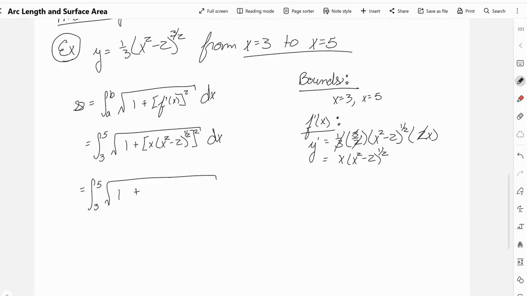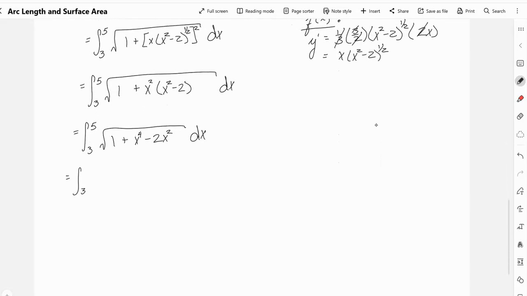If I square a product, that's the same thing as squaring each piece. And when I square that square root, I'm going to be left with just that radicand, x squared minus 2. So this is going to be 1 plus x to the 4th minus 2x squared dx.